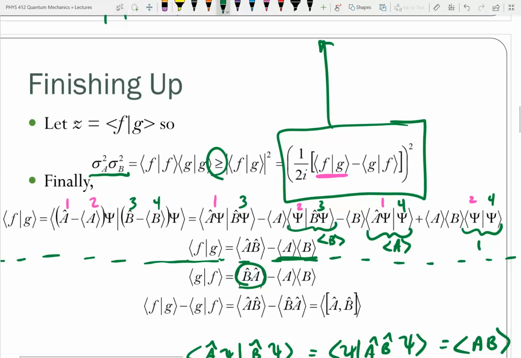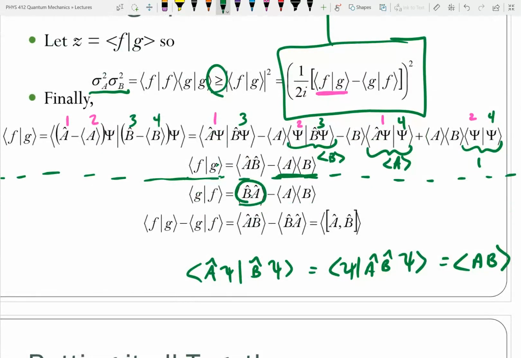So up here we had the difference in bra F ket G and bra G ket F. We take the difference and these two terms here subtract out. Those are apparently the real part. And these parts leave expectation value of AB minus expectation value of BA, which we can combine to be the expectation value of the commutator of A, B.